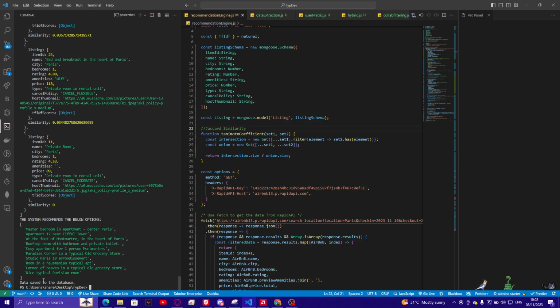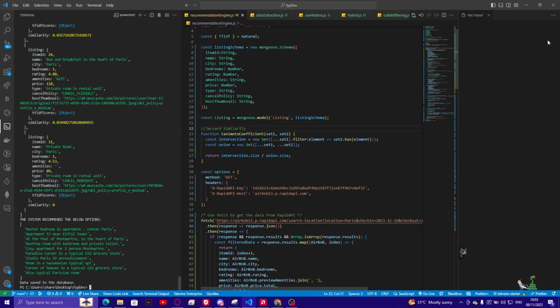This is based on the Jaccard similarity, which is the intersection of the user profile and the set of listings, over the union of both sets, right? Here I've also written down how similar these pairs of listings are to the target listing.